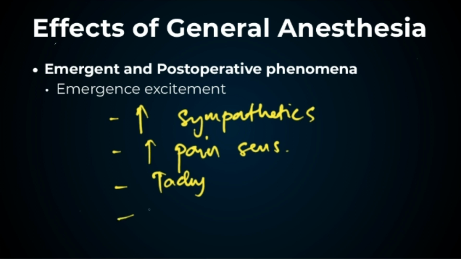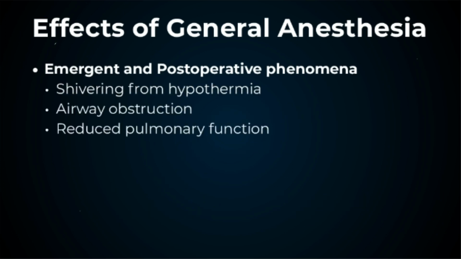Also, the patient may experience delirium or confusion, spasticity, hyperreflexia, and Babinski signs. All of these are events that may happen when the patient comes back from the anesthetic state. Also, the patient may have shivering from the hypothermia. The patient is going to try to physiologically increase or generate heat.